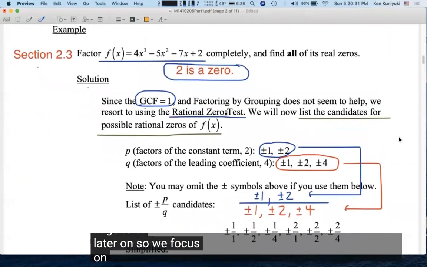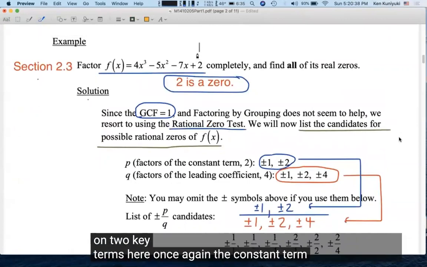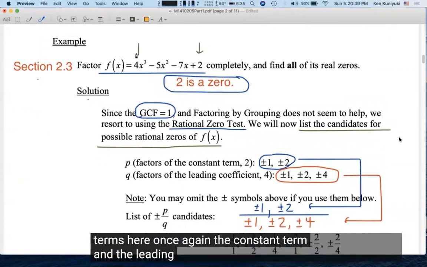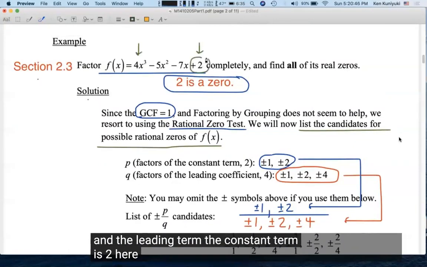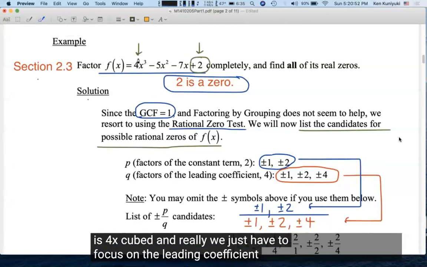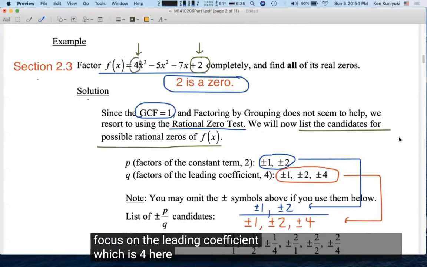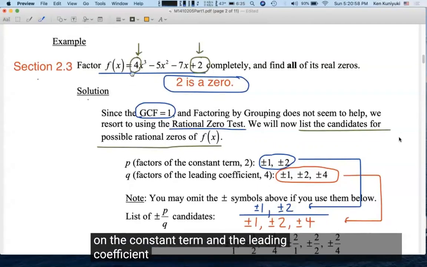So we focus on two key terms here. Once again, the constant term and the leading term. The constant term is 2 here. The leading term is 4x cubed. And really, we just have to focus on the leading coefficient, which is 4 here. So we're going to focus on the constant term and the leading coefficient.